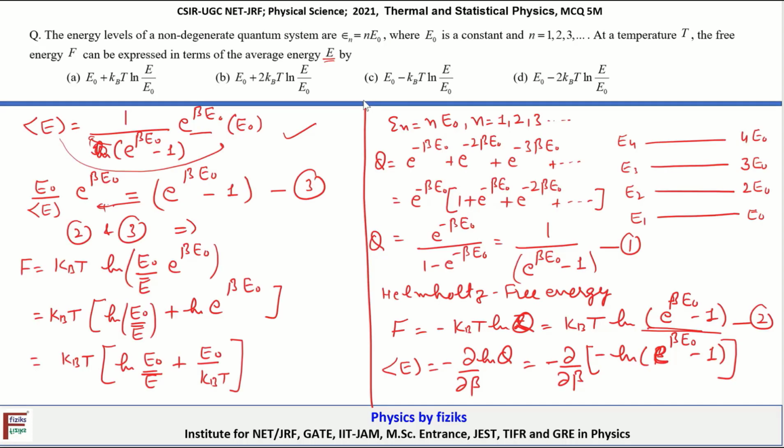The last expression can be further rewritten as F, that's the Helmholtz free energy, that is equal to E0. Because when you multiply kB outside the expression, while multiplying this term with the terms inside, kBT and kBT will cancel, so we will have E naught at the beginning.